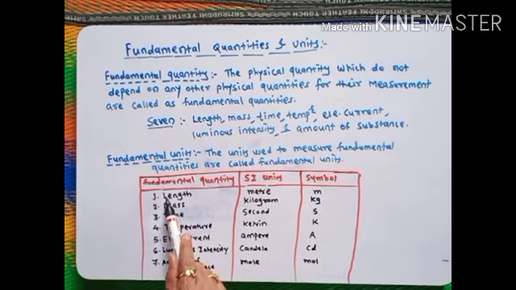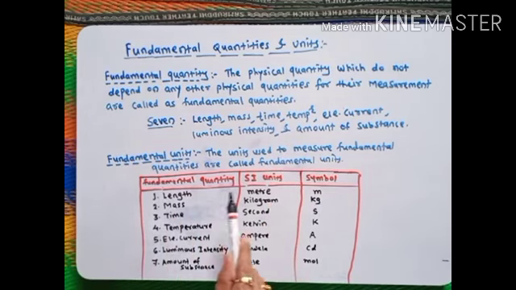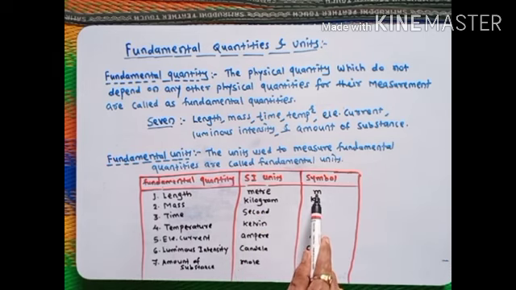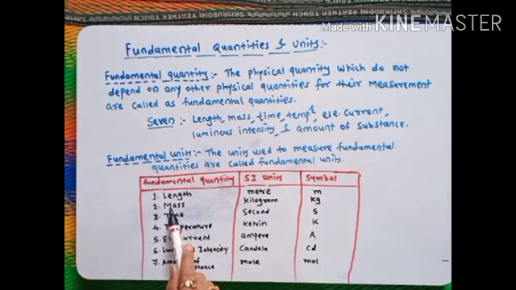Here you see, length is measured in the SI system in meter, symbol m. Mass, SI unit is kilogram, symbol kg. Time, SI unit is second, symbol s.